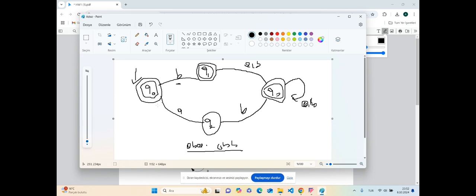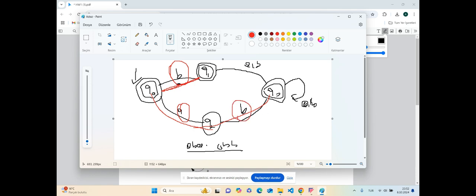Firstly, Q0 to Q1, this is on B. Q0 to Q2 here on A. Q2 to Q3 on B here.